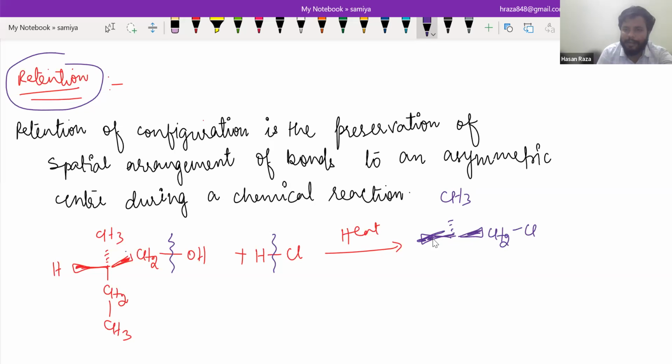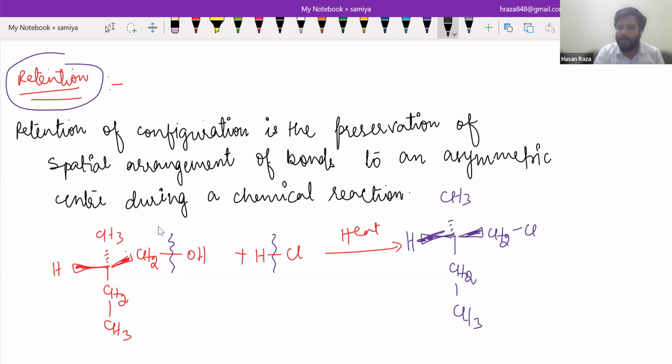Cl is joined at that place where OH is removed from. So basically we can say Cl just replaced OH. That's why it is retention of configuration. The configuration does not change.